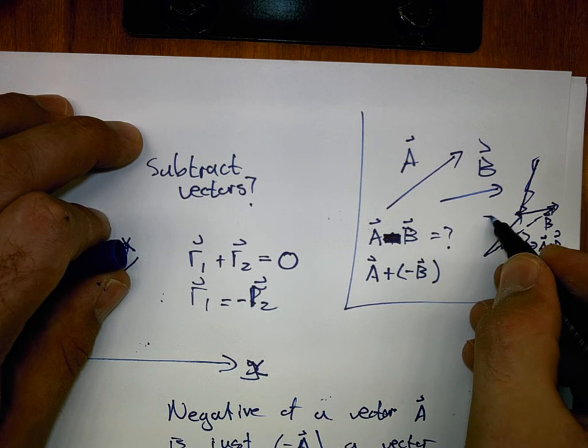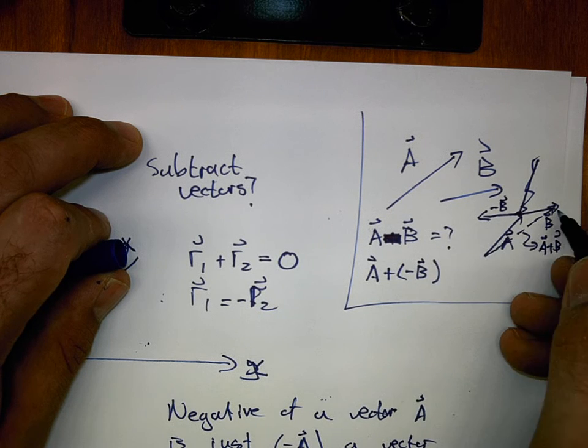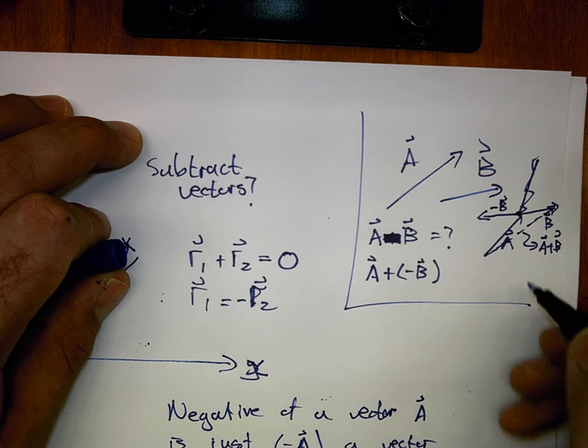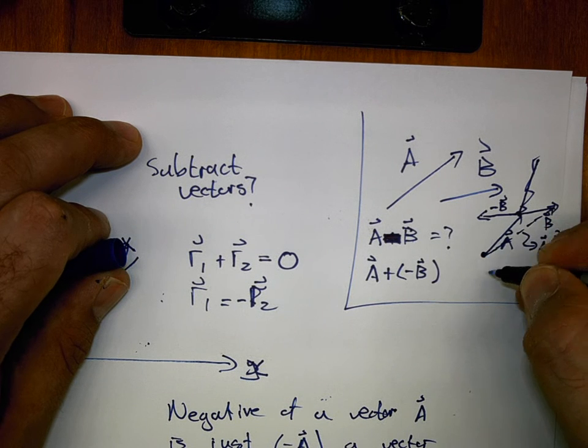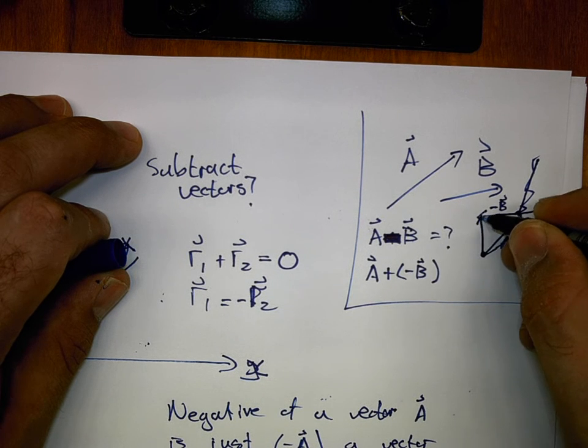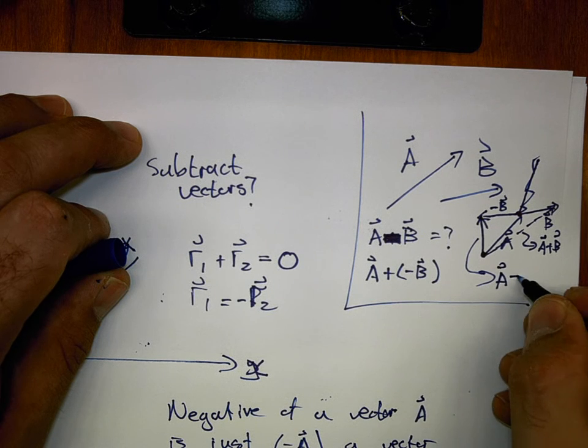So the negative of B would actually be that. So we just flip B over. And now A plus negative B is the vector pointing from the tail of A to the tip of negative B. So that vector there would be equal to A minus B.